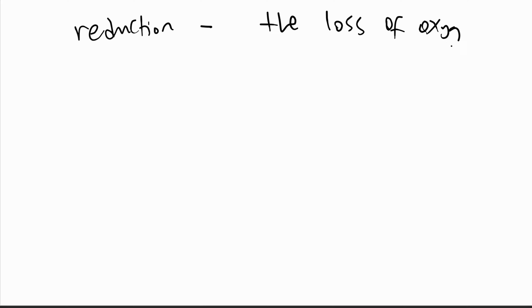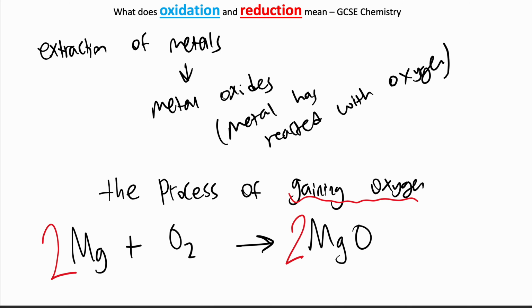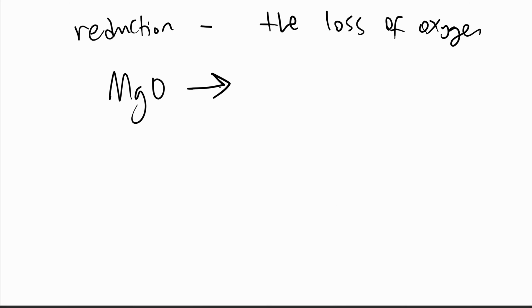On the other hand, reduction basically means the opposite: the loss of oxygen, the removal of oxygen. So for example, you could have magnesium oxide. We've produced the magnesium oxide, and we want to get it back into its pure form of magnesium and oxygen.